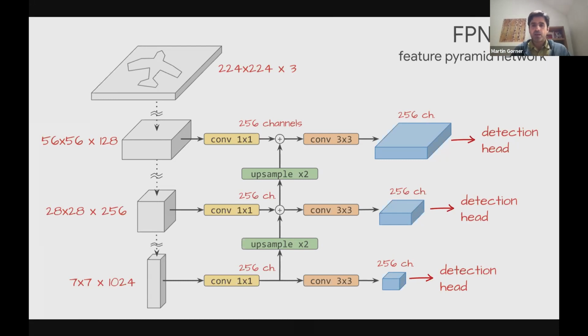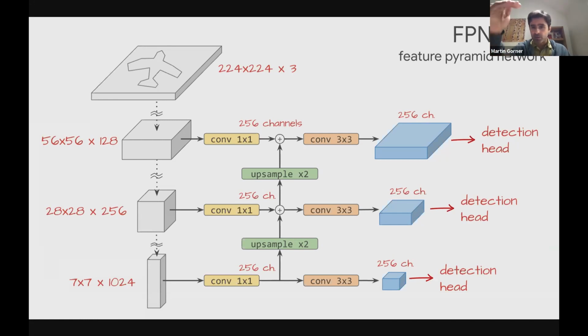And so the end result here is that at each one of those levels, you have good semantic information for classification, but you can also tap in the appropriate level for the kind of size of objects that you want to detect.